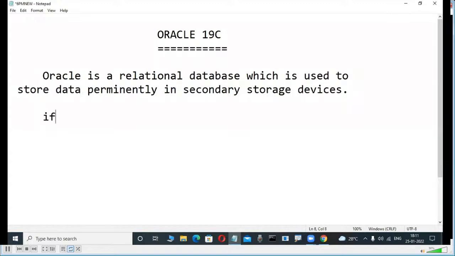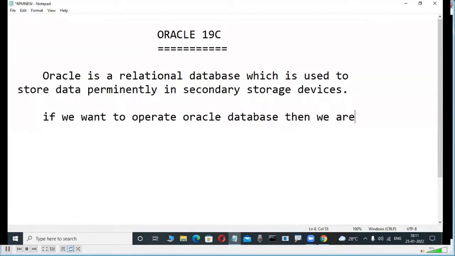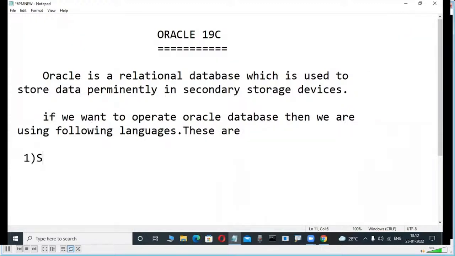If you want to write it, next pair. Very slowly, very easy. If you want to operate an Oracle database, then we are using the following languages. These are: first one, SQL. SQL is a language, the Structured Query Language.